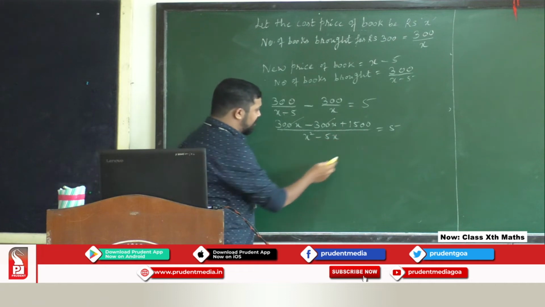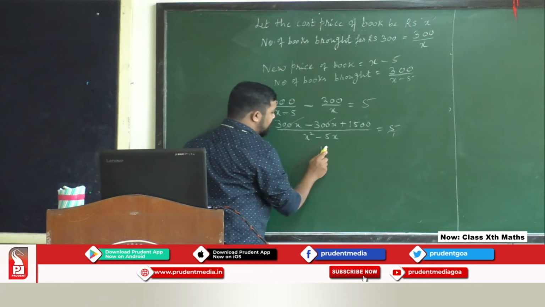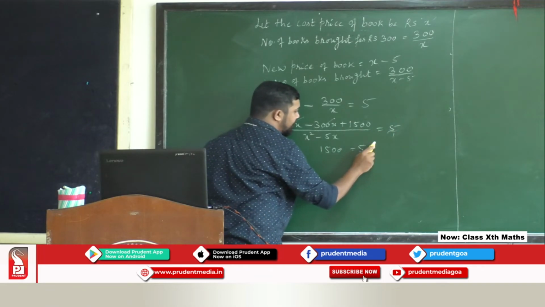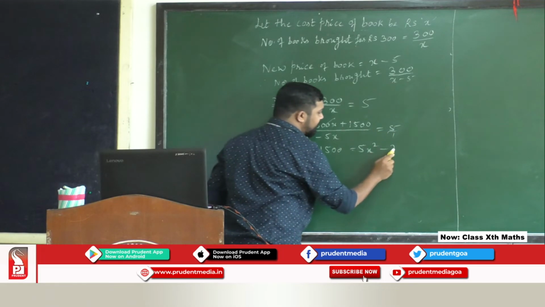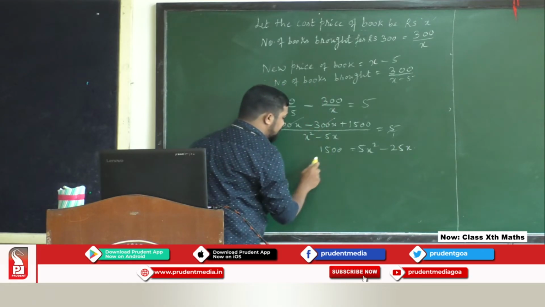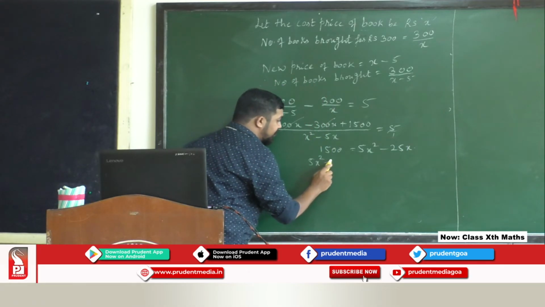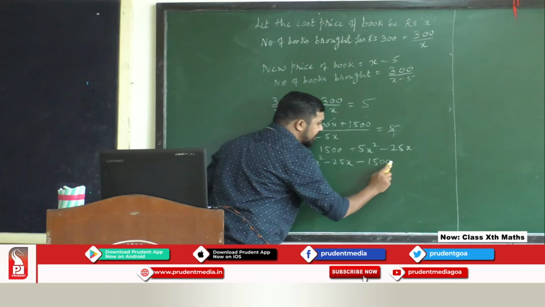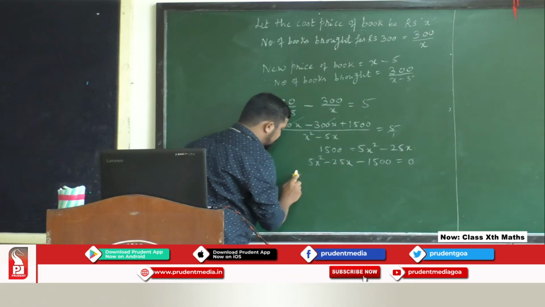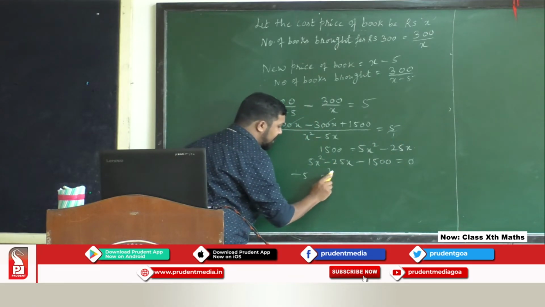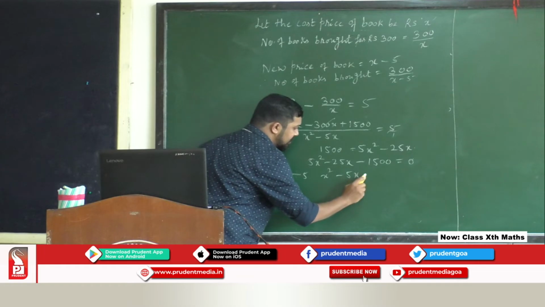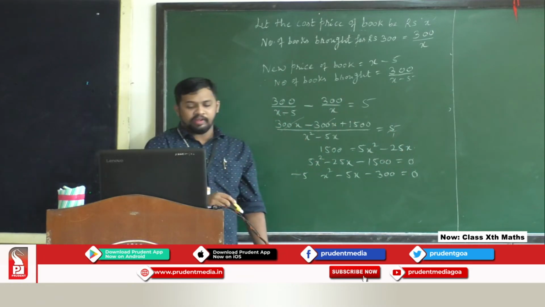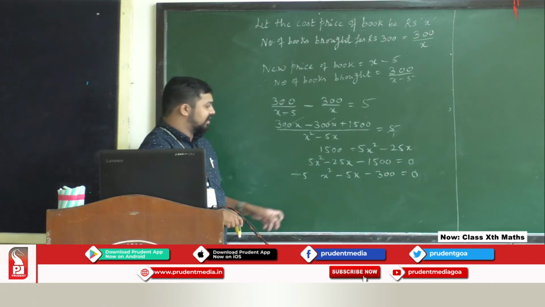So directly cross multiplication gives 1500 equals 5x square minus 25x. Take this on the other side, it becomes negative 1500. Divide by 5, x square minus 5x minus 300. So this is your expression, x square minus 5x minus 300.